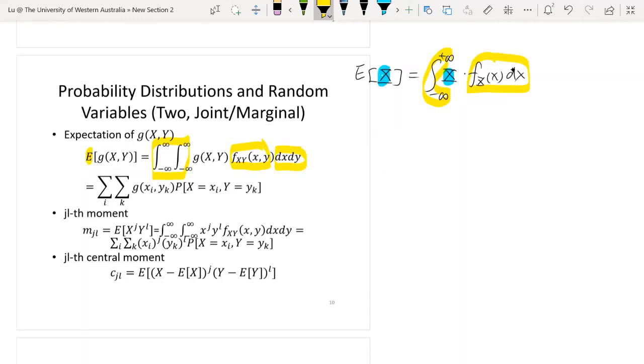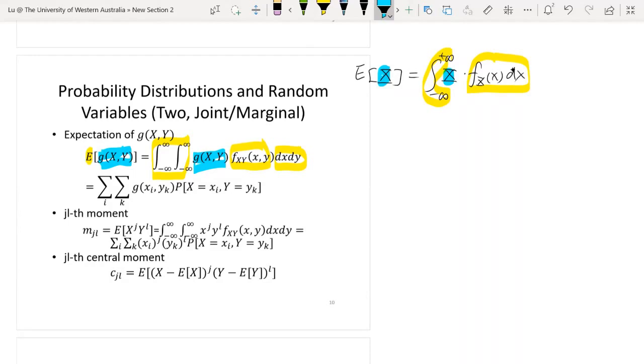So it's still the template. But because there are two random variables, the integration will be a double integration, and the PDF will be replaced by the joint PDF. And then no matter what you have within the operator, you can use the same thing on the right hand side. Very simple, right?